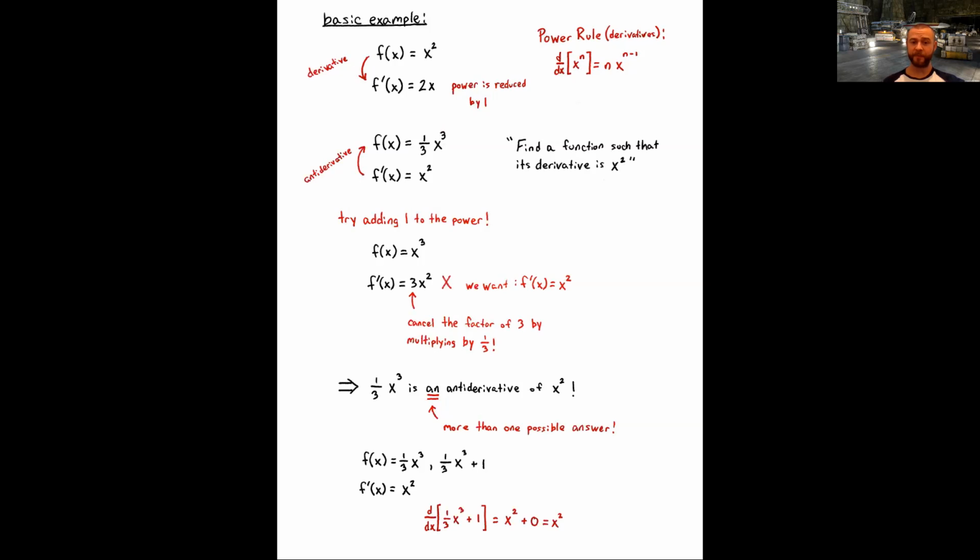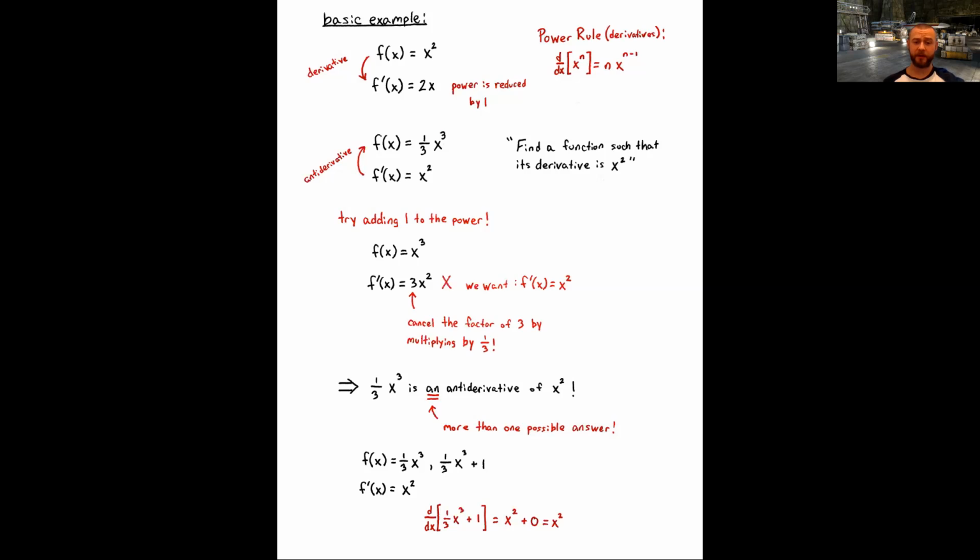So what we can do is take this first antiderivative we found, 1/3 x cubed, that does differentiate to x squared. We can then add any constant, here, 1, to that to get another antiderivative. So a second antiderivative we can say is 1/3 x cubed plus 1.